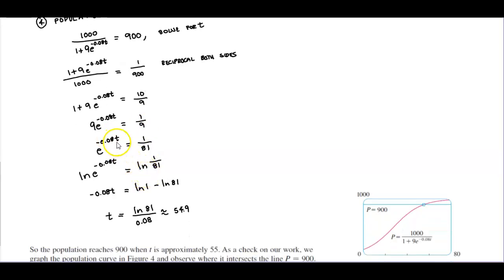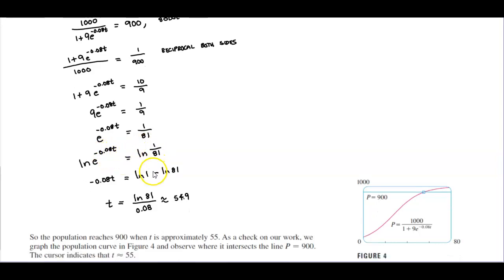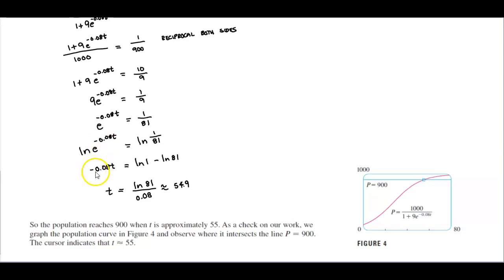And then in order to solve for t, with the base of e, we're going to take the natural log of both sides. So we get the natural log of e to negative 0.08 t, which is equal to the natural log of 1 over 81. Over here, we get negative 0.08 t. Over here, with division, we can take the natural log of 1 minus the natural log of 81. The natural log of 1 is 0.